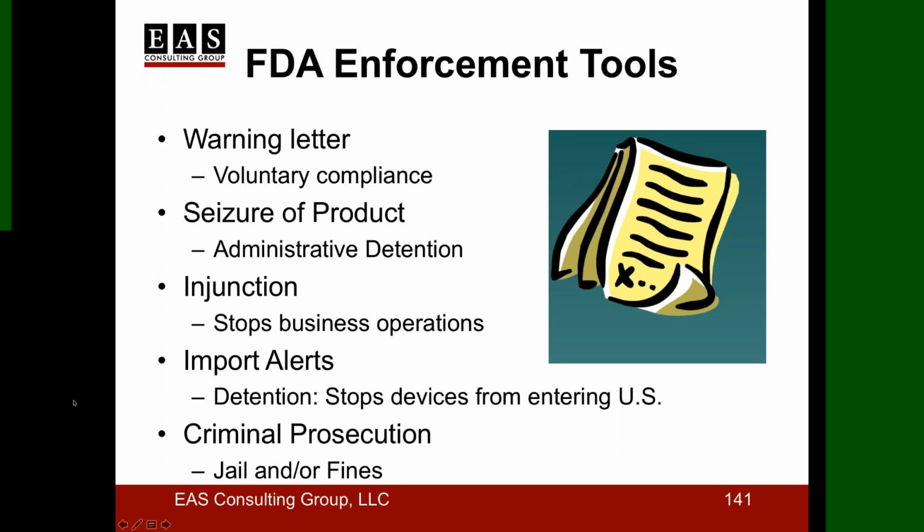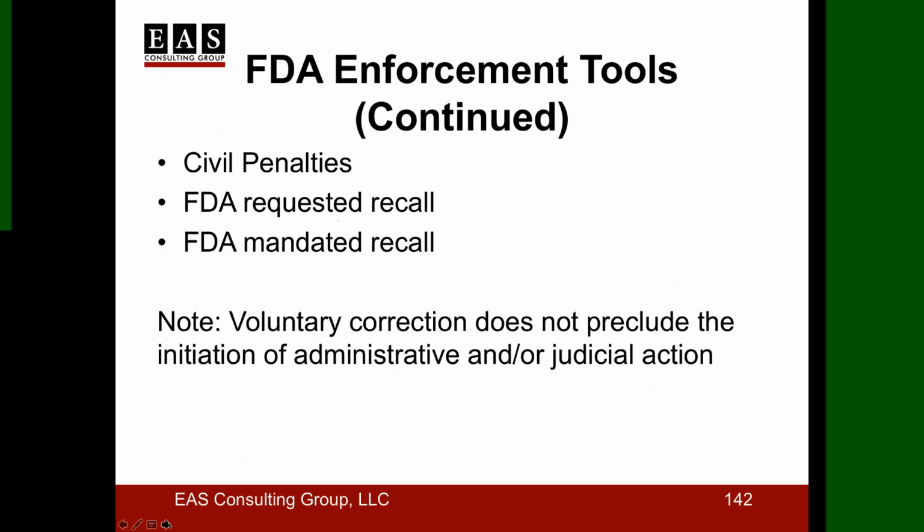So these are different decisions the compliance officer can make. You have a warning letter, product seizure, injunction, an import alert for foreign firms, and criminal prosecution. Some of these activities are civil, some are criminal, which means you need extra court to go ahead and do those.